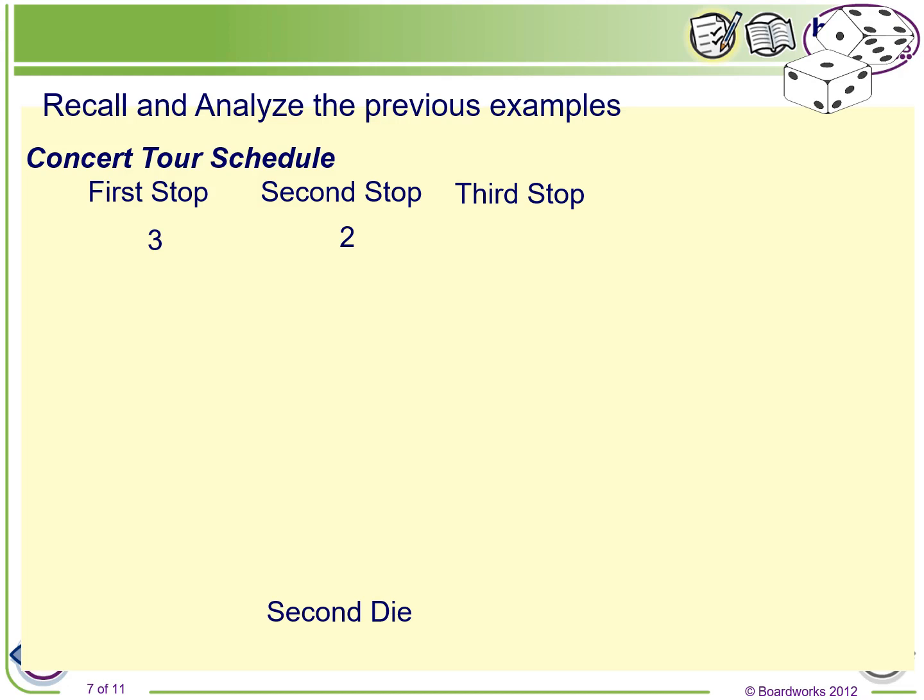In the third stop, there is only one city left, so you have one city to choose from. The number of possible ways or possible outcomes is 6.